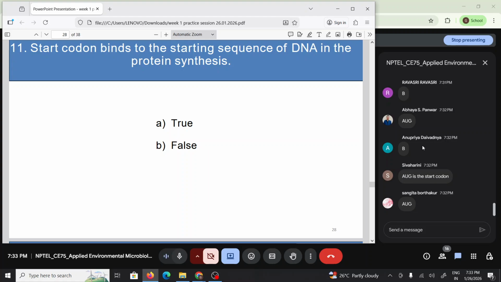Is that right, what I told, or no? Can a codon be AUG as well as ATG?